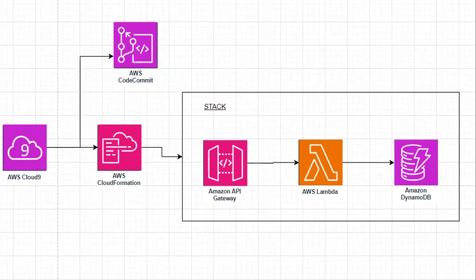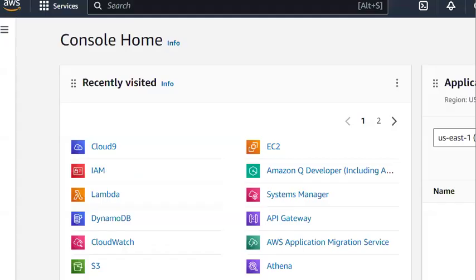What we are going to do now in this lab is create a SAM template, Serverless Application Model template, in order to create this whole infrastructure. To create our SAM template, we are using this Cloud9 environment. So for that, we are now creating this Cloud9 environment.